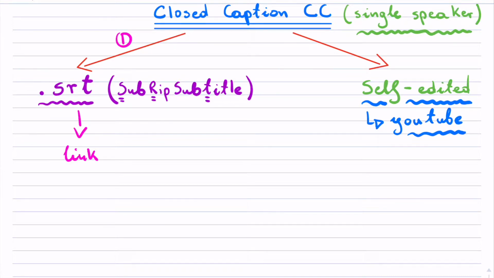So SRT just stands for subtitle, as you can see there. And all this is simply a file that closed captions your entire video, which then you can upload onto YouTube.